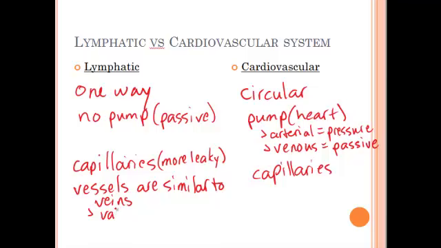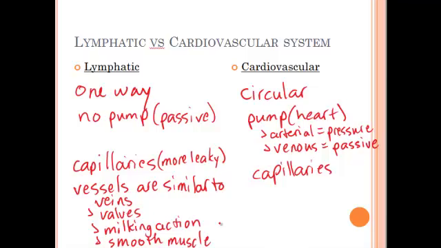They have valves, and there's milking action of skeletal muscles, as well as there is the smooth muscle on the larger vessels that moves the fluid back towards the cardiovascular system. So in this way, the vessels are very similar to the veins in the cardiovascular system.